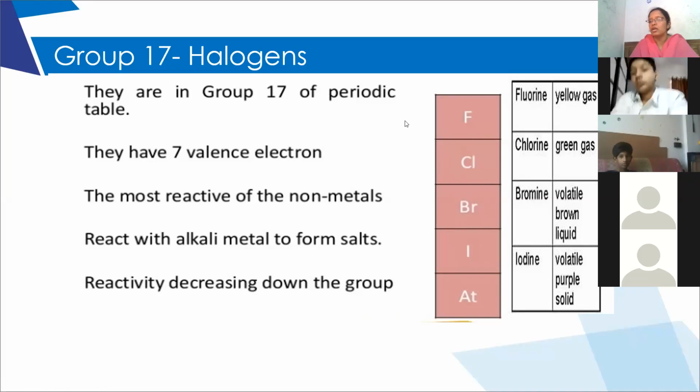We will discuss the 16th group elements, which are called chalcogens, later. So the 17th group elements are called halogens. They form salt-like substances with almost all the metals, and the characteristic color of these gases is very important. Whenever fluorine gas is released, we will see the characteristic color.